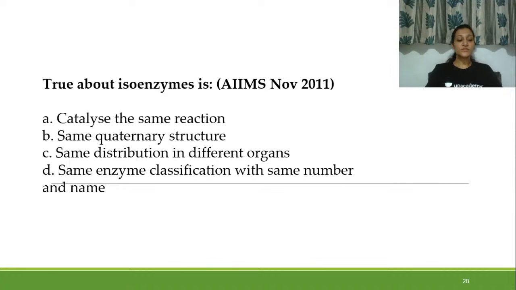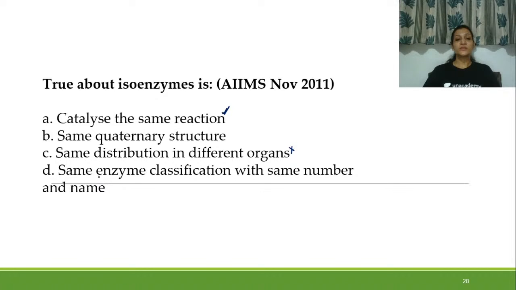Now, what is true about isoenzymes? Which of the following characteristics is true about isoenzymes? They catalyze the same reaction. Is it so? Yes, they catalyze the same reaction. Same quaternary structure? Cannot be said. Same distribution in different organs? No. Same enzyme classification with same name and number?